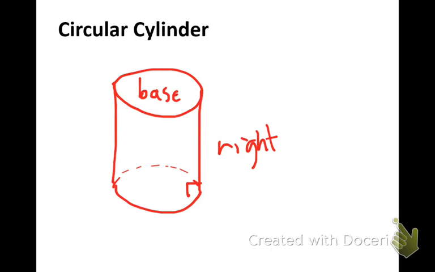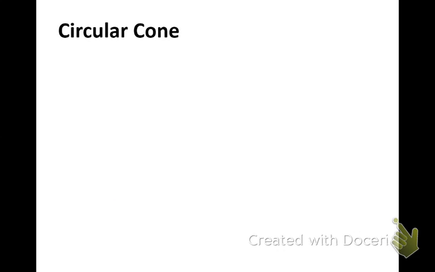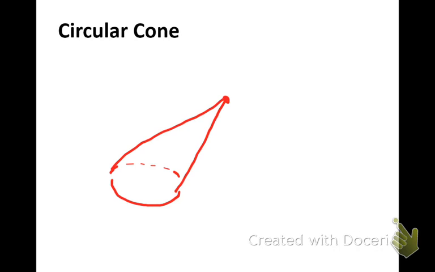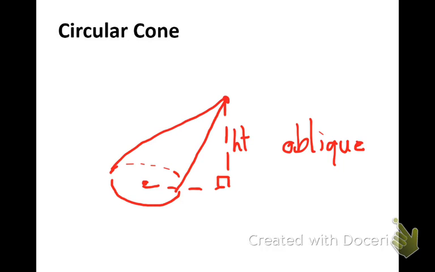Then we've got a circular cone. Its apex is not directly over the center of the base, so this would be an oblique circular cone. This is the height. It's oblique.